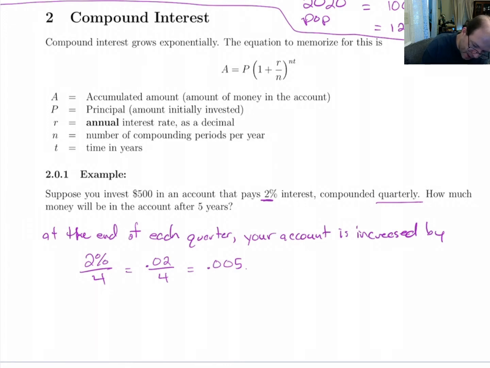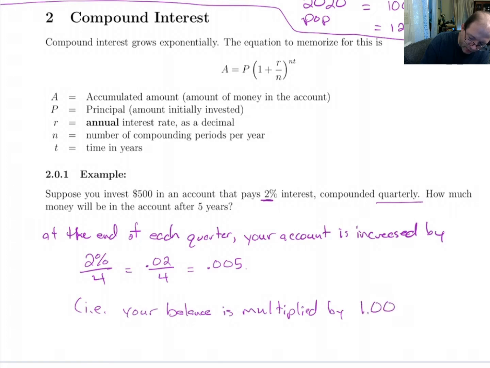So in other words, increasing by that amount is the same as multiplying by 1.005. Your balance is multiplied by 1.005. And that happens 4 times in that year.